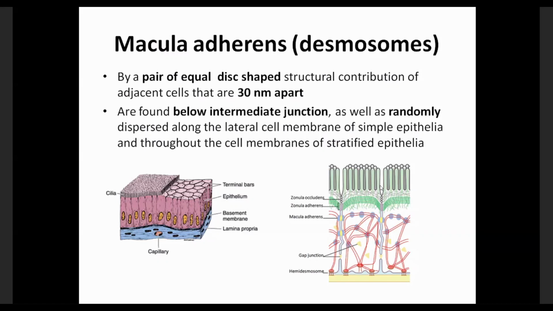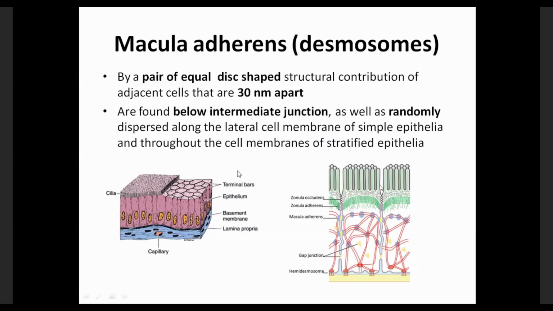This macular adherens is also named desmosomes. And in these desmosomes, the cytoskeletons that are linked are intermediate filaments. I told you the previous ones are linking microfilaments, but these ones are linking intermediate filaments.